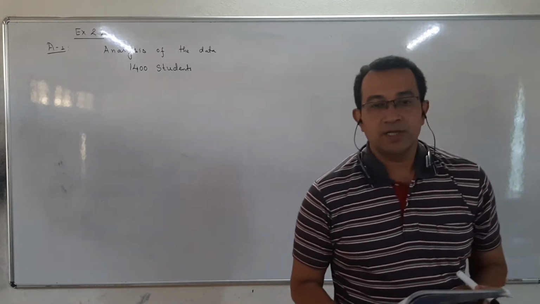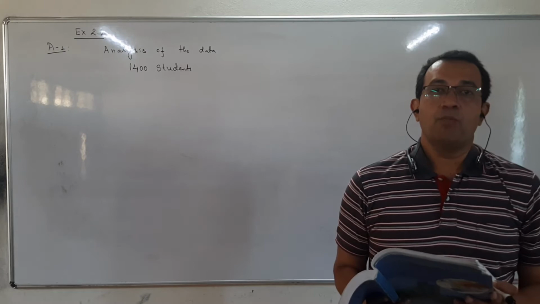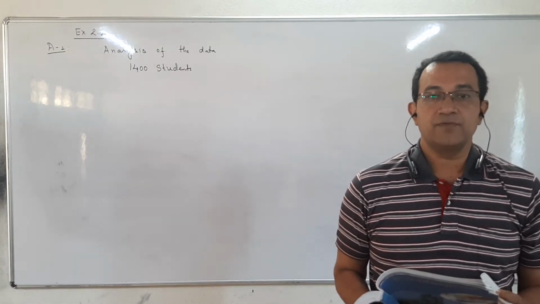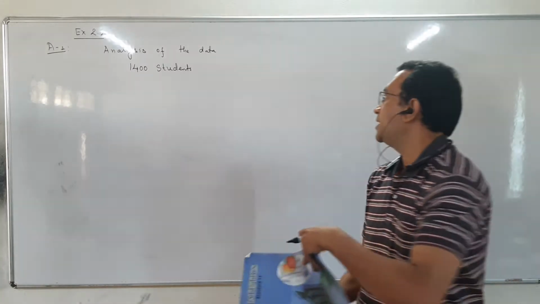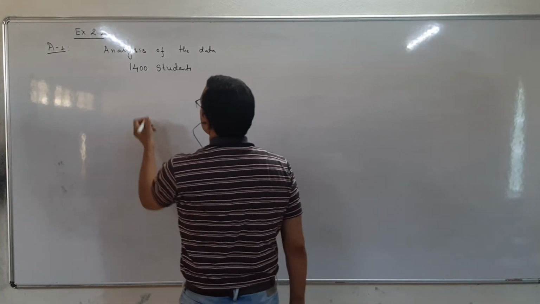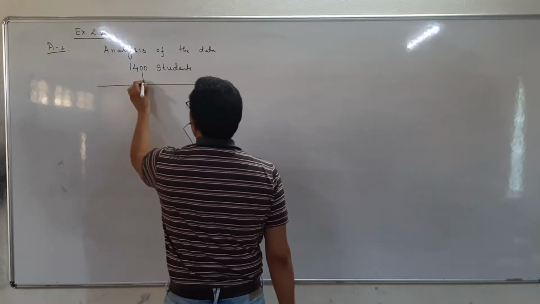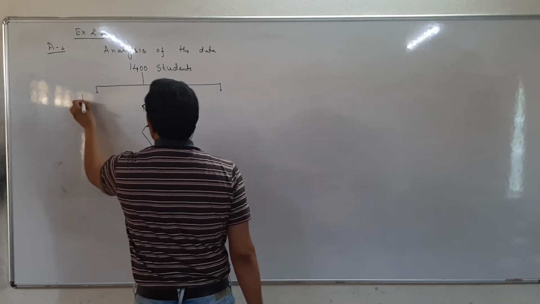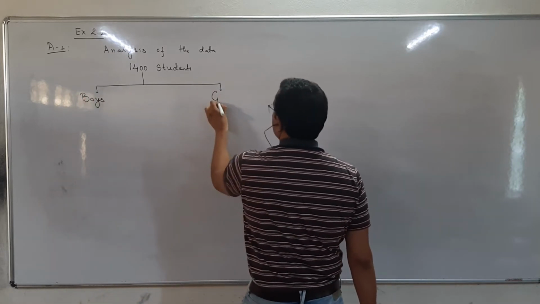So, students, pay attention. Boys are studying in first year, second year, third year, and of course there are girls. If I divide the total number of students into two categories, definitely we will have boys and girls.